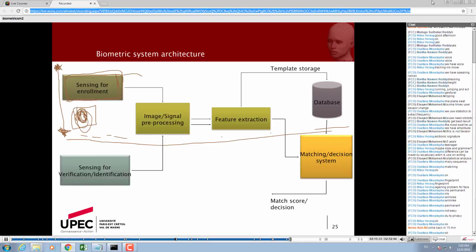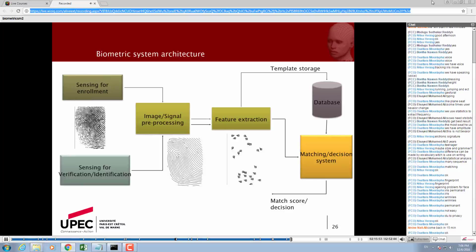It's all the different algorithms that you use before extracting the features. You try to make the quality of the image better, remove the noise or denoise your image, or make it easy to process. This is the pre-processing.